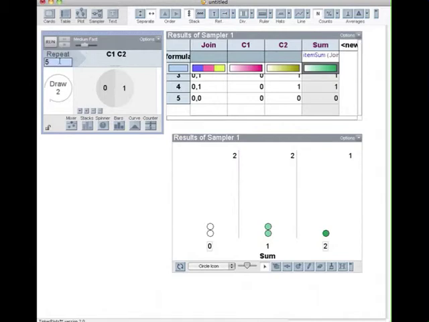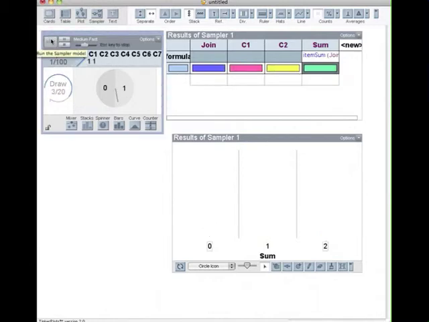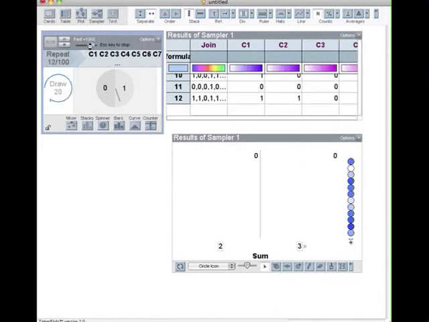Now, we're ready to run a much larger simulation. Let's run 100 balls instead of just 5. And, let's run them through 20 binomial choices.